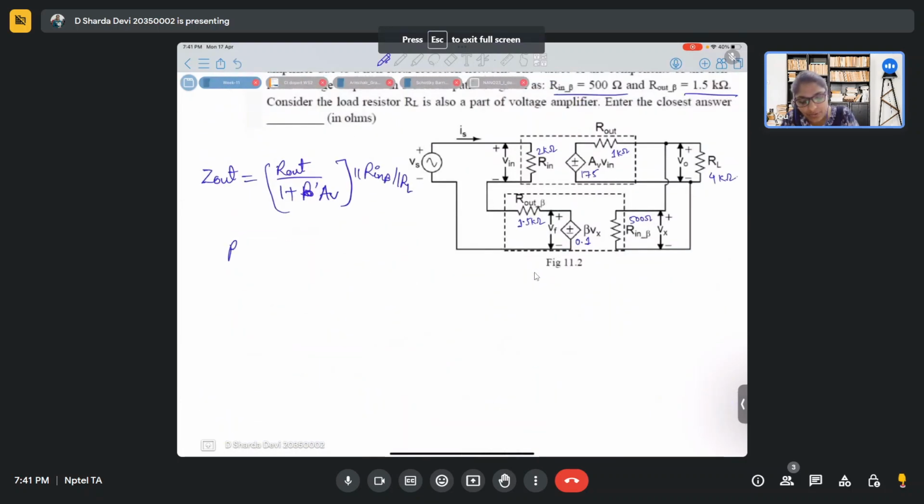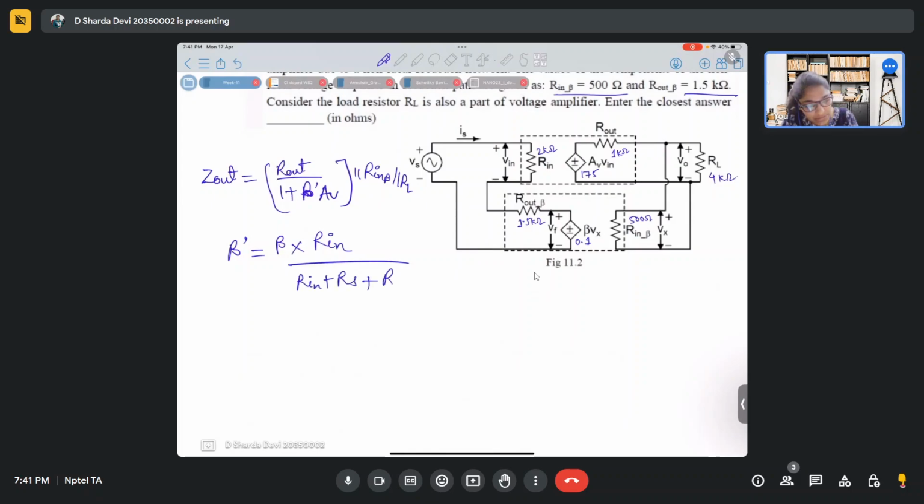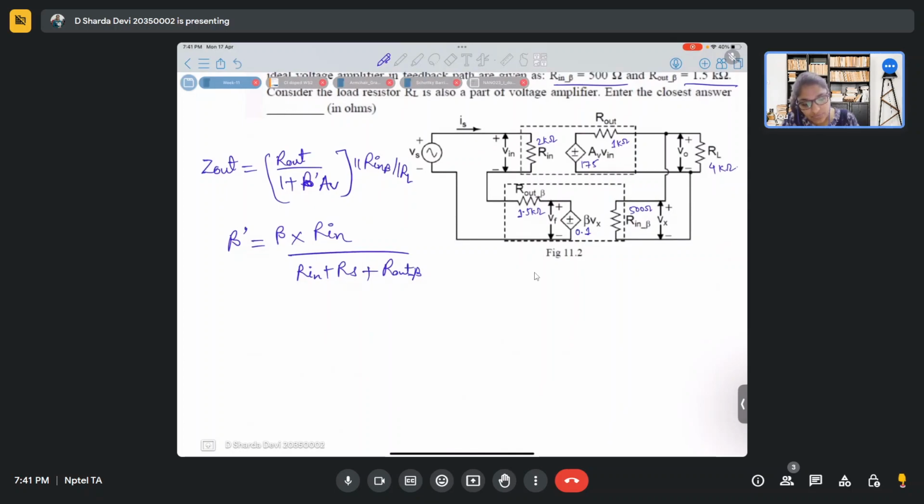So if we want to write beta', we'll write beta' as beta into R_in by R_in plus R_s plus R_out beta, and A_V remains the A_V. So first of all, let's find out this beta'. It is 0.1 into 2k by 2k into, there is no R_s, sorry, there is no R_s in our system, so it is neglected, and 1.5k.